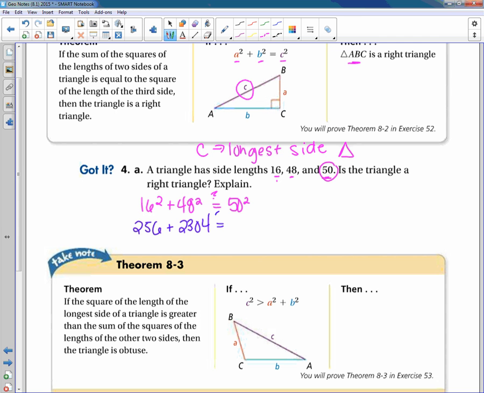Keep my question mark because I'm still not sure, and 50 squared is 2500. If I add 256 to 2304, I actually get 2560. So that does not equal 2500. Therefore, this is not a right triangle.